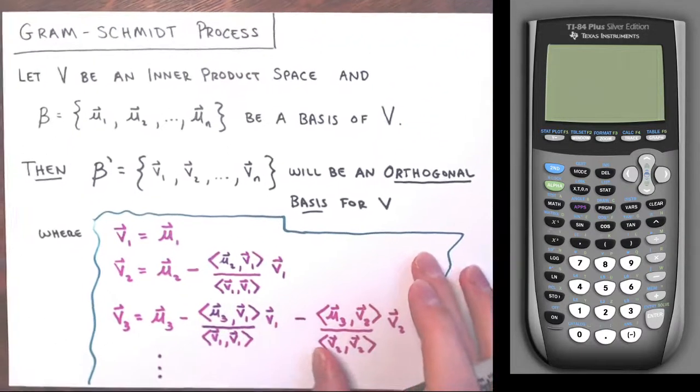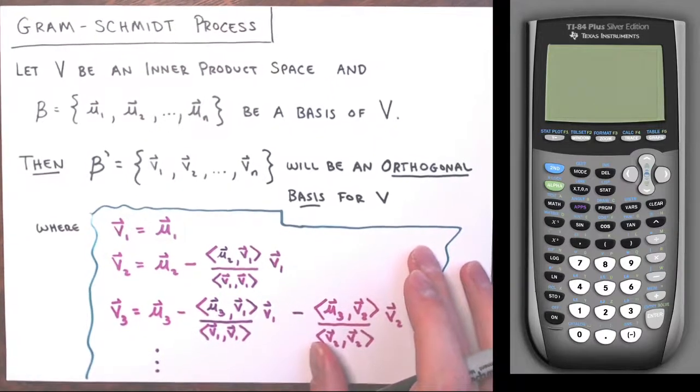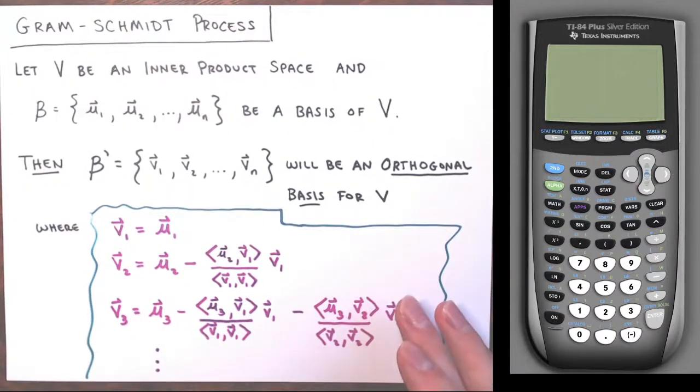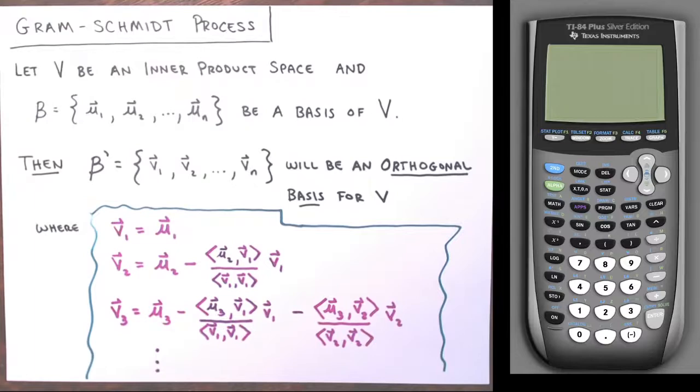All right, so what I have written out here is just the procedure, the Gram-Schmidt process, in any inner product space, not just R2 and R3 with the dot product, but for any inner product space. And it's the same procedure.